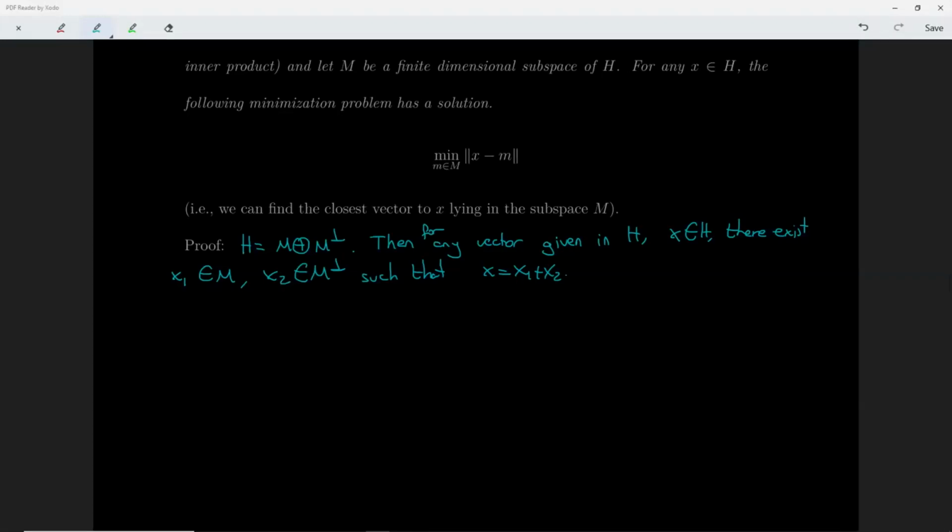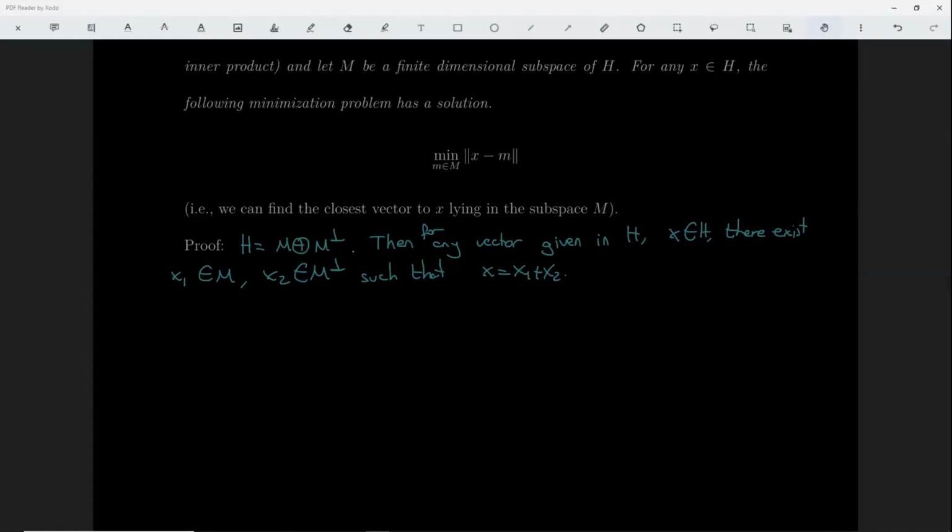All right, so that comes from being able to express the vector space H as a direct sum of M and its orthogonal complement. And furthermore, this decomposition is unique, right? Because we showed that if we are given a decomposition where we have these subspaces that are linearly independent, then this decomposition, the x1s and x2s, are unique, right?